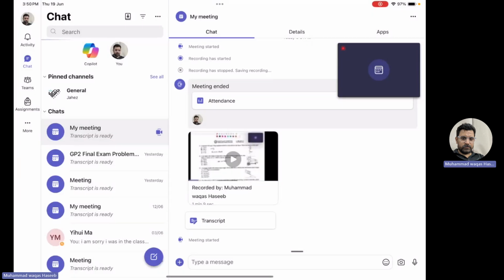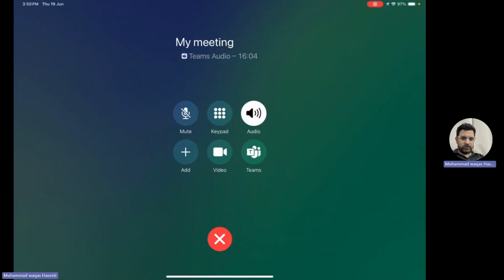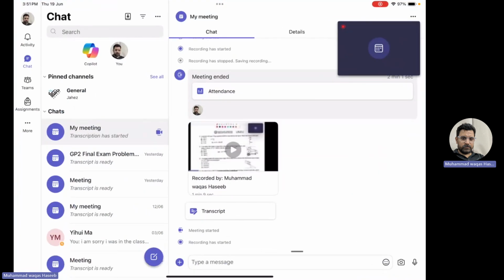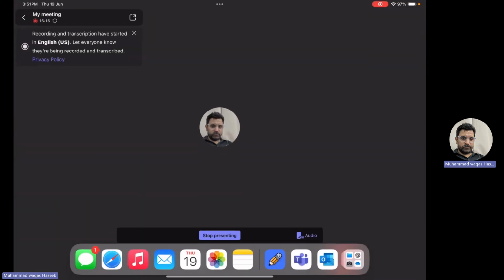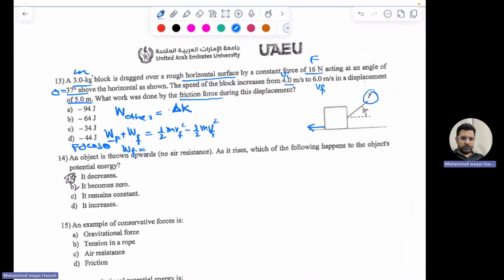So we substitute over here: the work done by friction Wf is 1 half m vf squared minus 1 half m vi squared minus F d cosine theta.